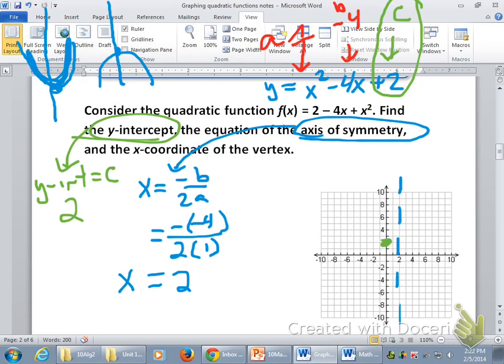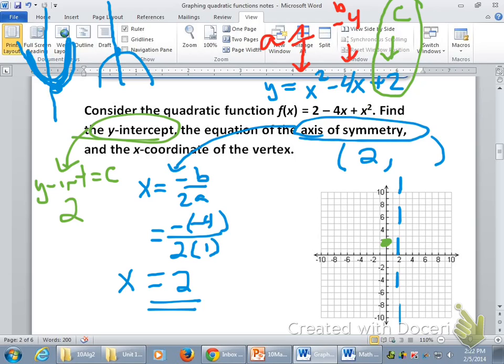That is the axis of symmetry. That's exactly right, which we just found out. So the x-coordinate of the vertex has to happen right here at the axis of symmetry. So my vertex is going to be 2 something, right?